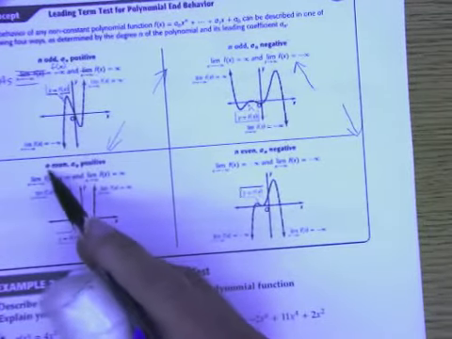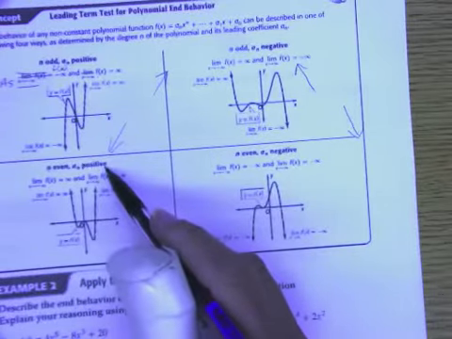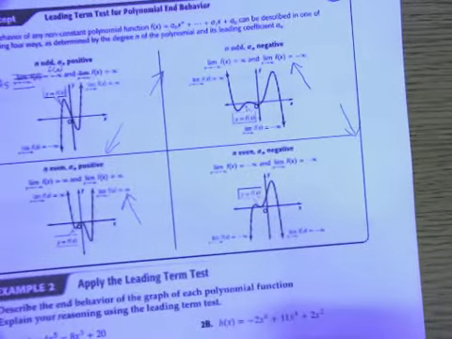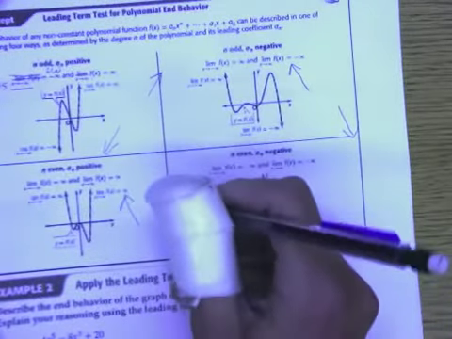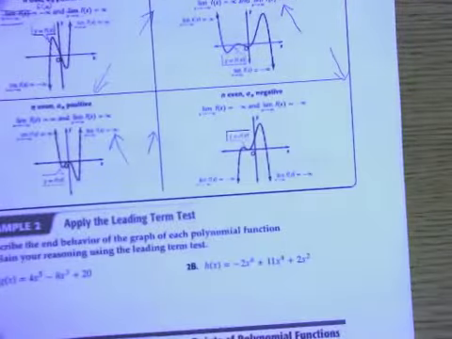If the degree of the polynomial is even, if the largest exponent is even, and the leading coefficient is positive, then on the left it's going all the way up, and maybe it's doing something in the middle, and then on the right it's going all the way up.